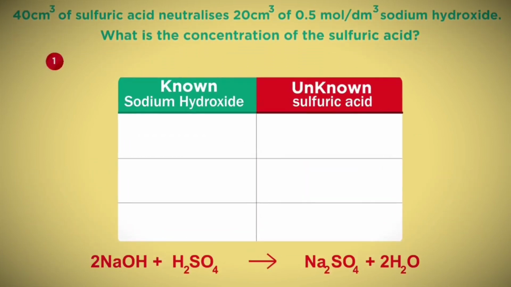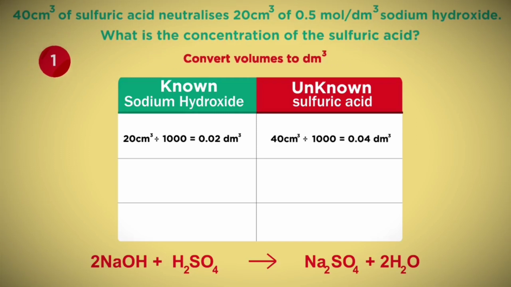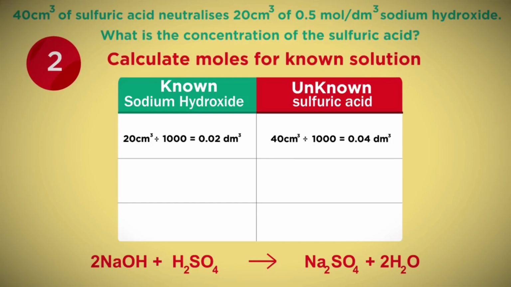Convert the volumes to cubic decimeters. 20 cubic centimeters divided by 1000 equals 0.02 cubic decimeters. 40 cubic centimeters divided by 1000 equals 0.04 cubic decimeters. Now calculate the moles for the known solution, sodium hydroxide.